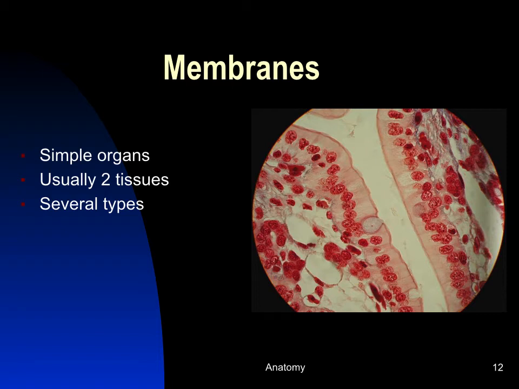So the layer of cells with all these nuclei that's midway through, that's the epithelium, and then below that is connective tissue. And so membranes are simple organs. More complex organs might have 3 or 4 layers, and often these wrap around to form a tubular structure.